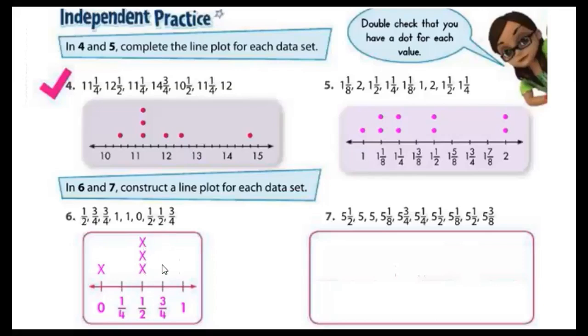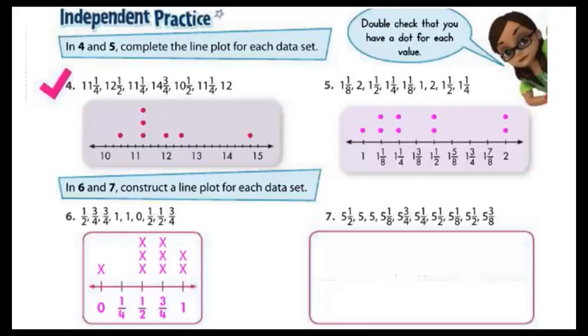Okay, now 3/4 is represented by 3x because the frequency equals 3. Where are they? 1, 2, 3. Okay, the last one. Sure, its name is 1, and it is the last one. Okay, so it's repeated 2 times. So it will be represented by 2x's.